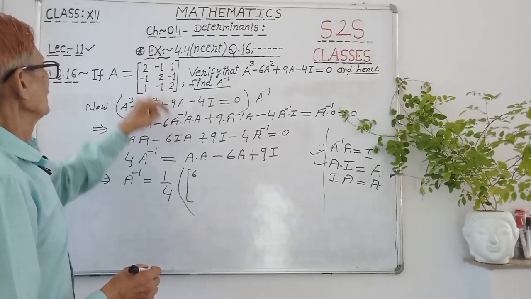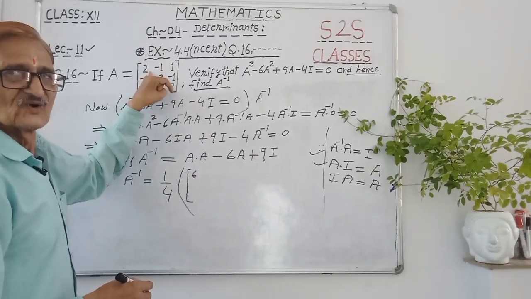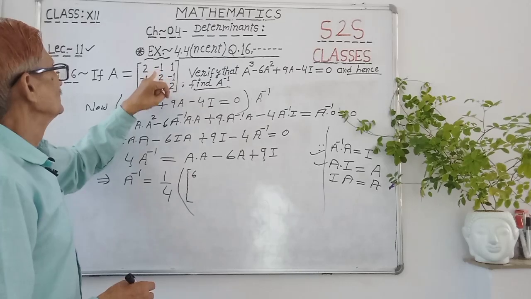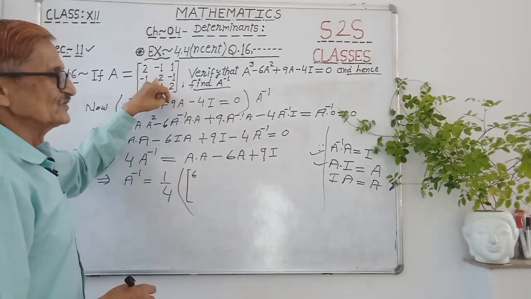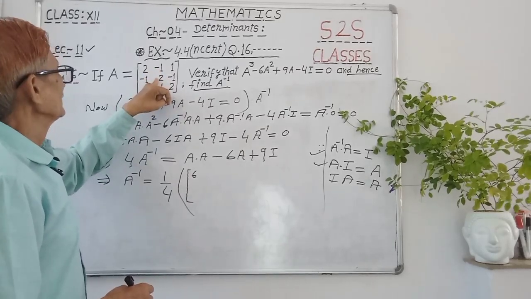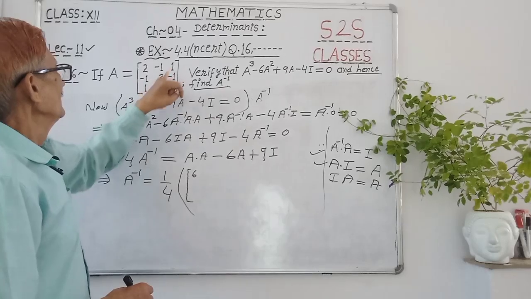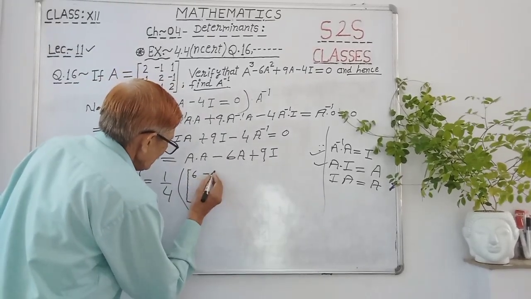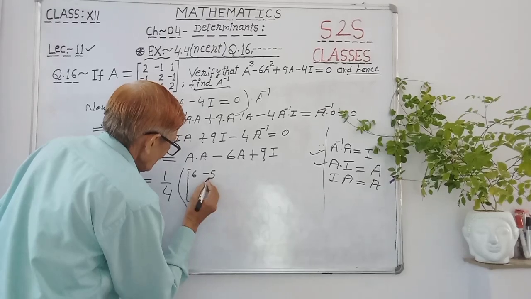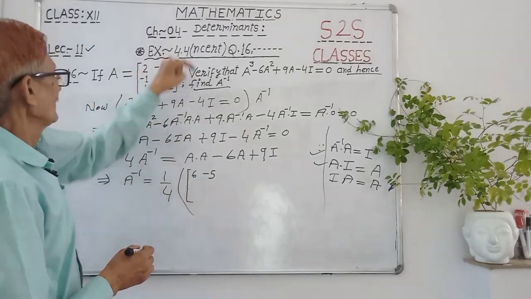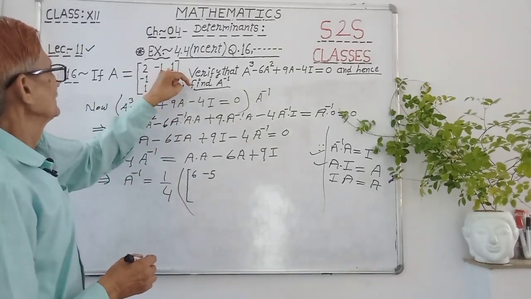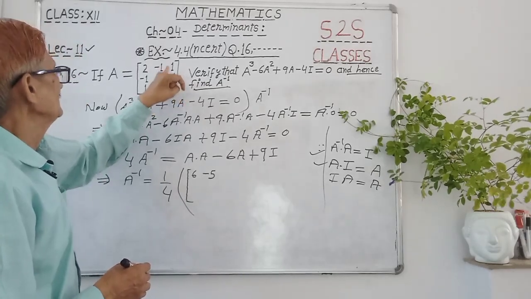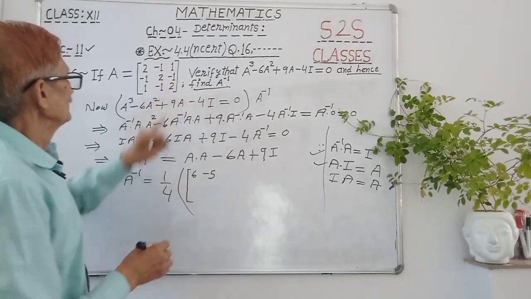Then first row with second column: 2 with minus 1, minus 2, minus 1 with 2, minus 2, minus 2 minus 2 minus 4, and 1 into 1, minus 5. After that third column: 2 with 1 is 2, minus 1 minus 1 is 1, 2 1 3, and 1 into 2 is 2, 3 2 5.